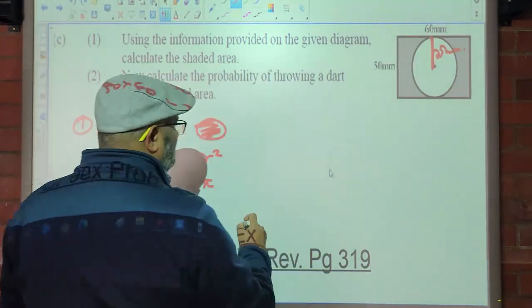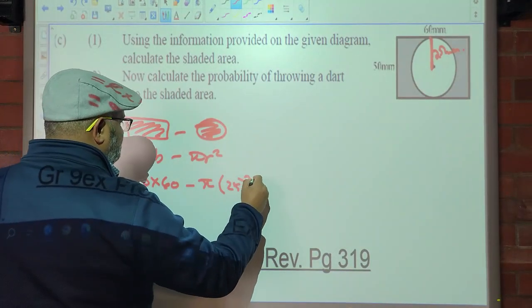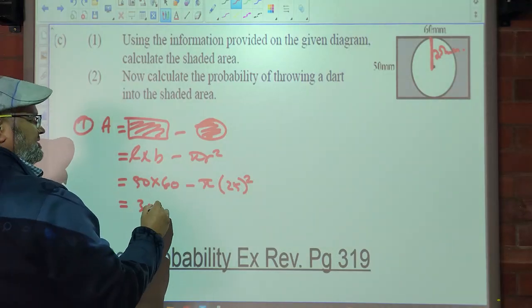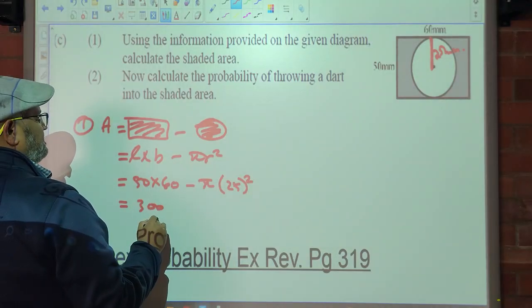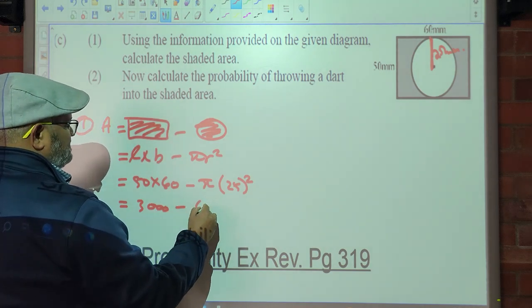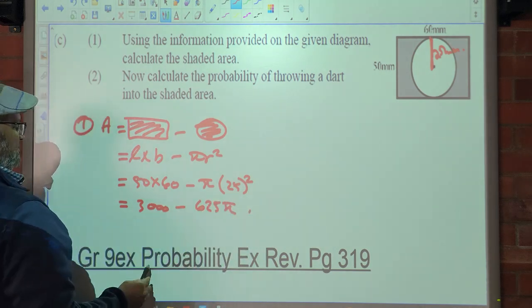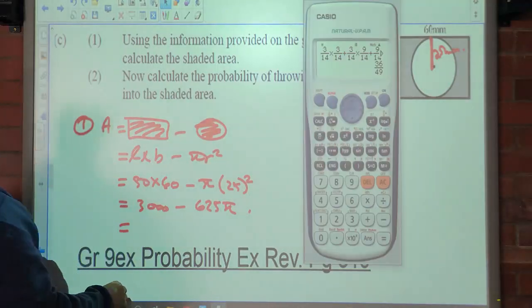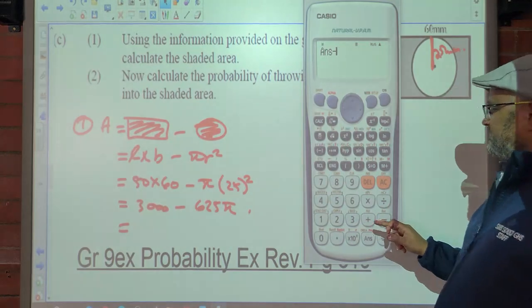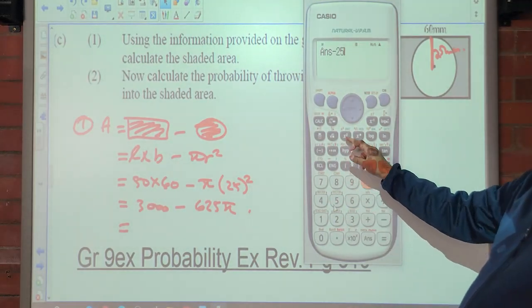So what do I have? A radius of 25 squared. So it's going to be 50 times 60 minus 25 squared pi.